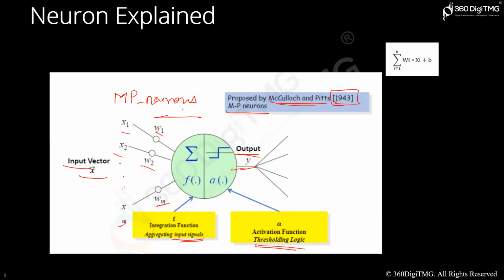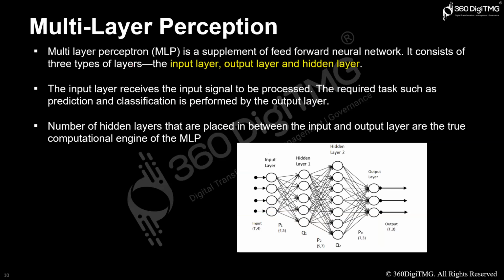And next we have the multi-layer perceptron, which is a supplement of the feed-forward neural network. It consists of three types of layers: the input layer, the output layer, and then the hidden layers. The input layer receives the input signals to be processed.